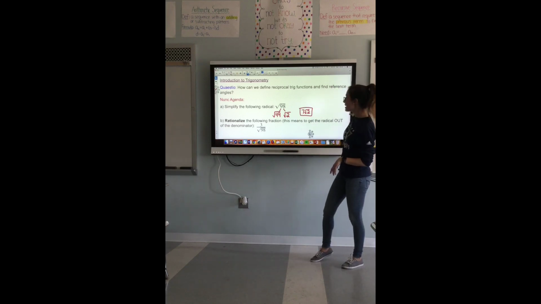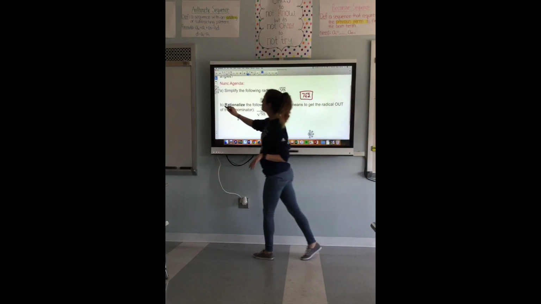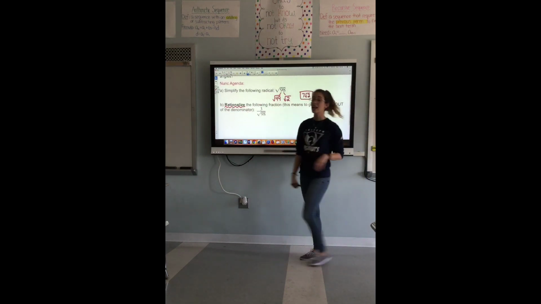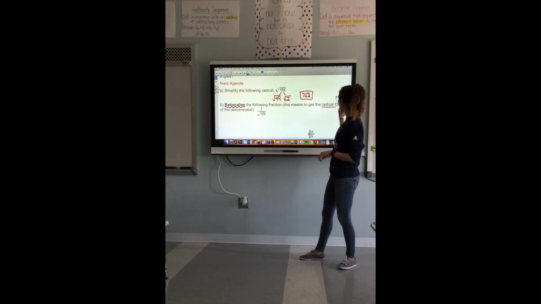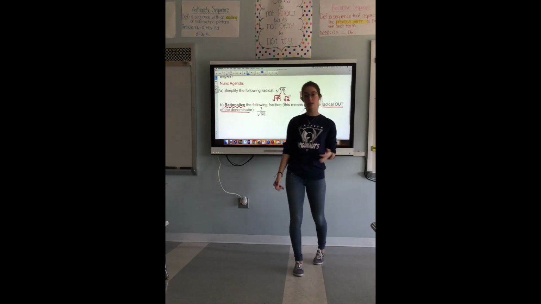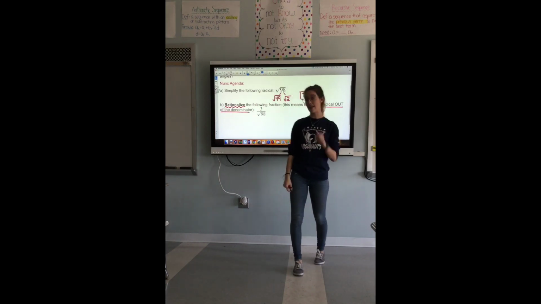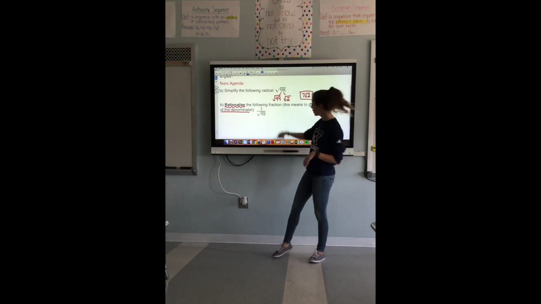Now, the next part is something called rationalizing. So it says, rationalize the following fraction. This means to get the radical out of the denominator. To do that, you have to multiply the numerator and the denominator by that same radical. Okay?